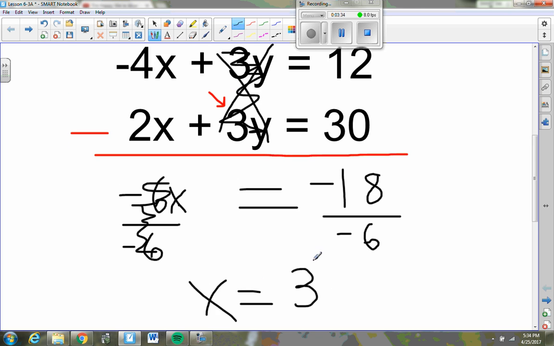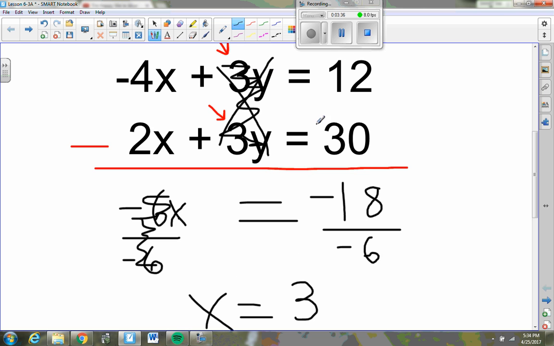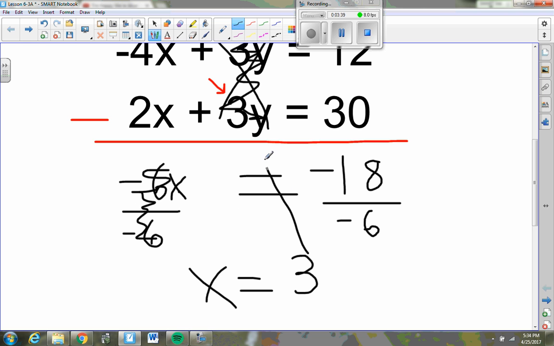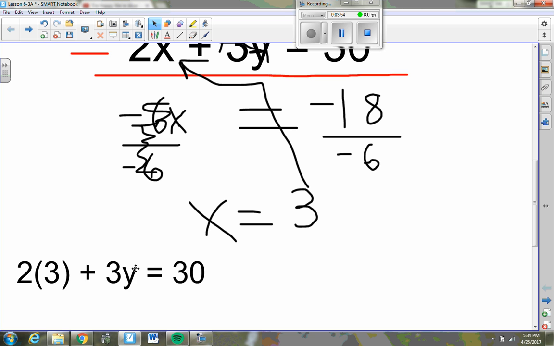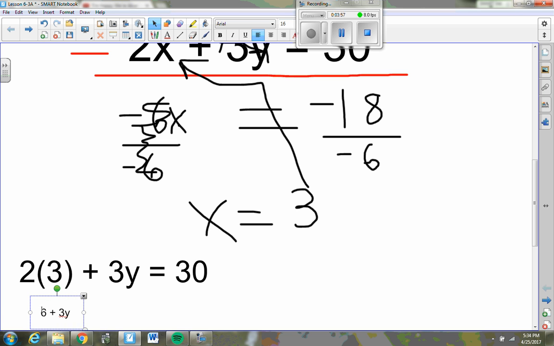And now I need to plug this back into one of my top two equations. I'm going to plug it right back into, over here, and see what we get. I believe that bottom equation then is going to say 2 times 3 plus 3y equals 30. Right? 2 times 3 is 6. 6 plus 3y equals 30.